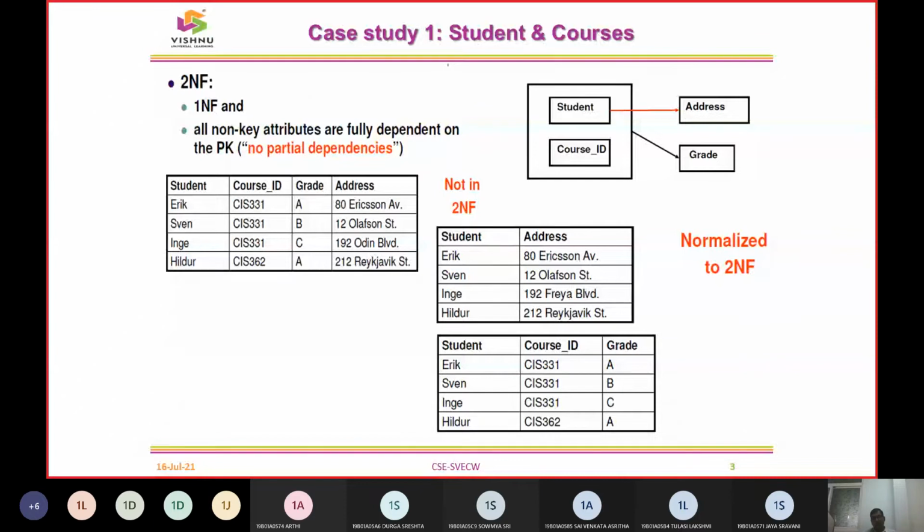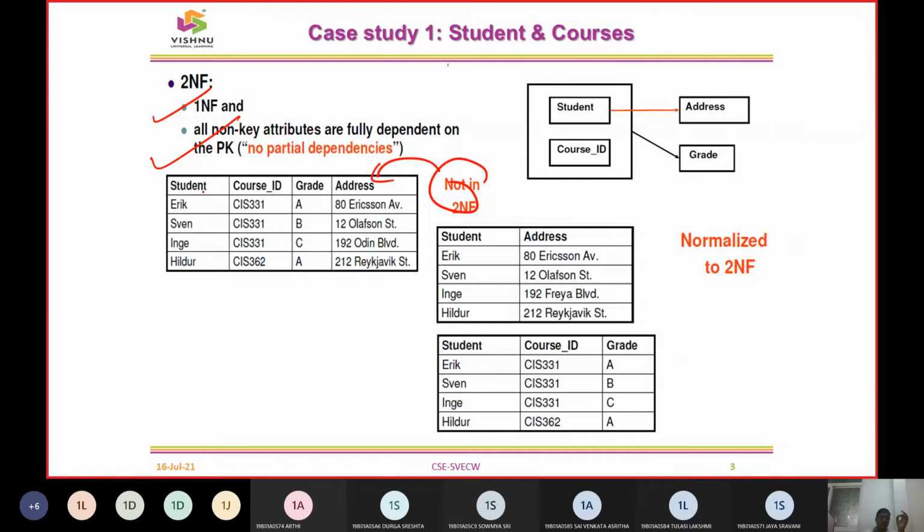Now, what is the second normal form? The first and foremost condition is that it should be in the first normal form, and the second is that all the non-key attributes should be purely dependent on the primary key. They should not look elsewhere for another leader; they have to be totally dependent on the key. For example, this is a case where it is not in the second normal form.